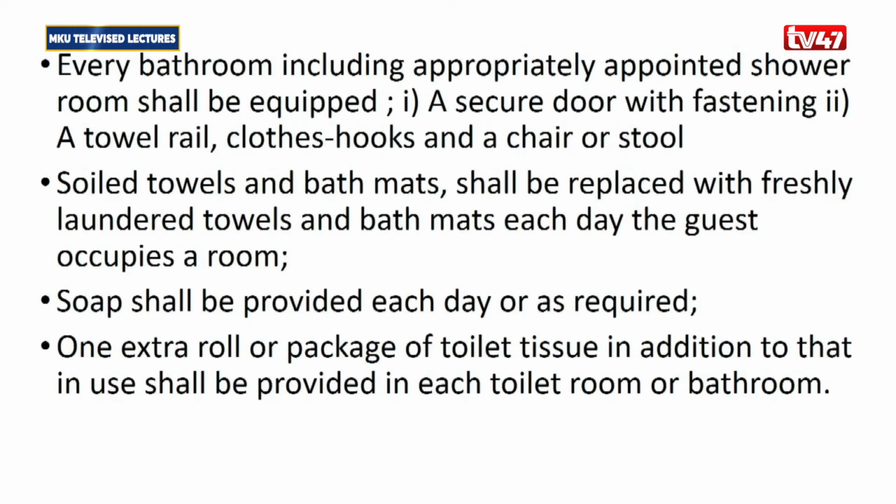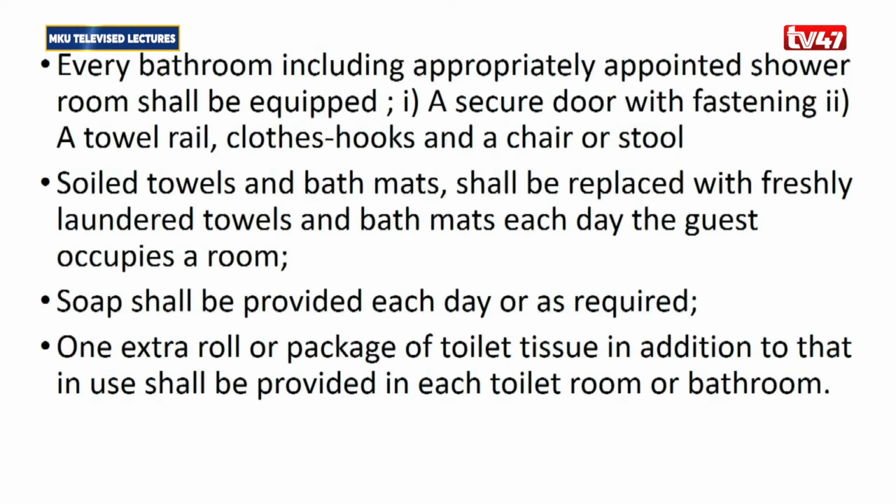Every bedroom, including the appropriately appointed shower, shall be equipped: one, with a secure door with fastening; two, a towel rail, cloth hook, and a chair or a stool. So the law requires that every bedroom must be equipped with a door and a towel rail.